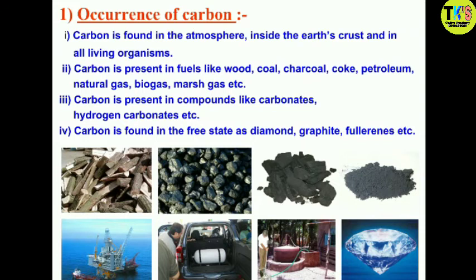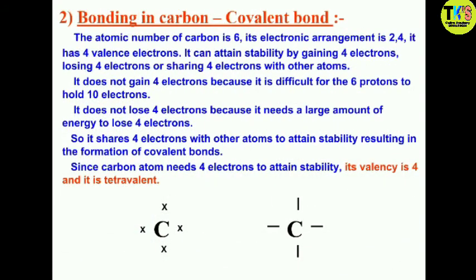Okay, carry on. Now the second subtopic is bonding in carbon, covalent bond. The atomic number of carbon is 6. You are well aware about this. So its electronic configuration is 2,4, or we can say electronic arrangement. It has 4 valence electrons.